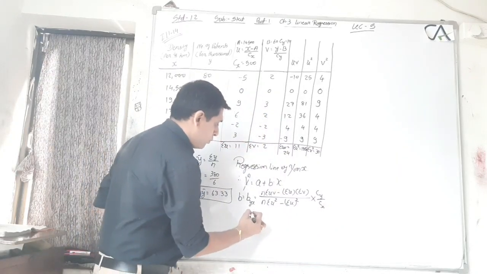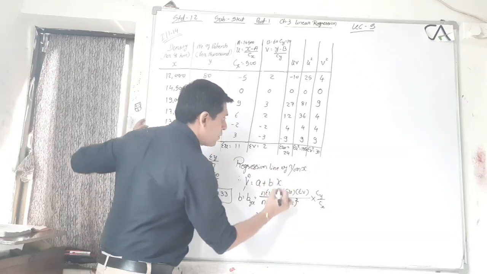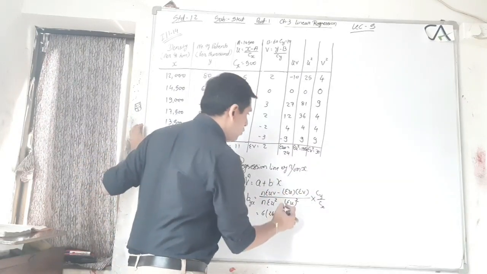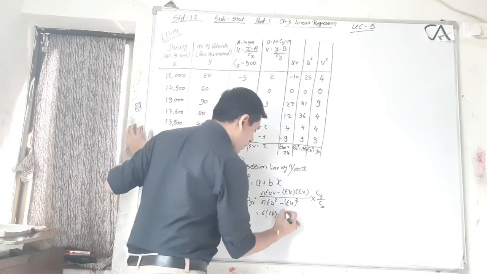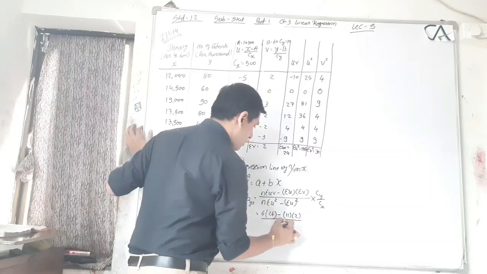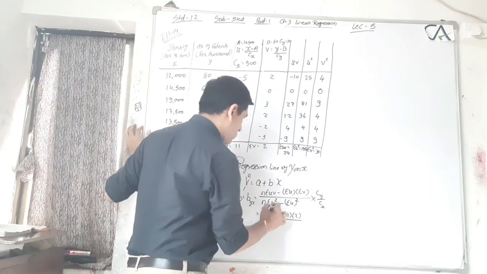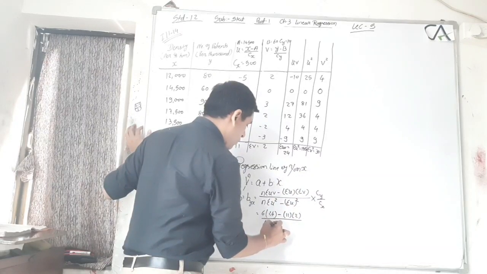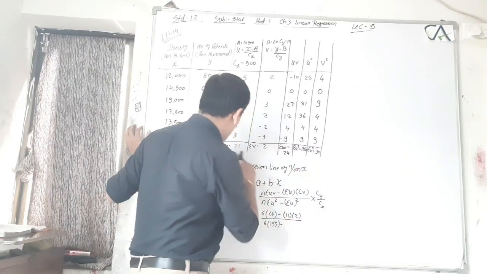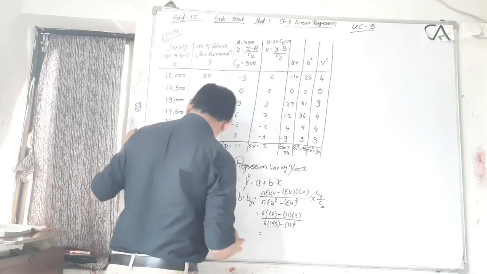So now put the value here. N is equal to 6, sigma uv 24 minus sigma u, that is 11 into 2, divided by n, that is 6, sigma u square 155 minus sigma u whole square, 11 square.